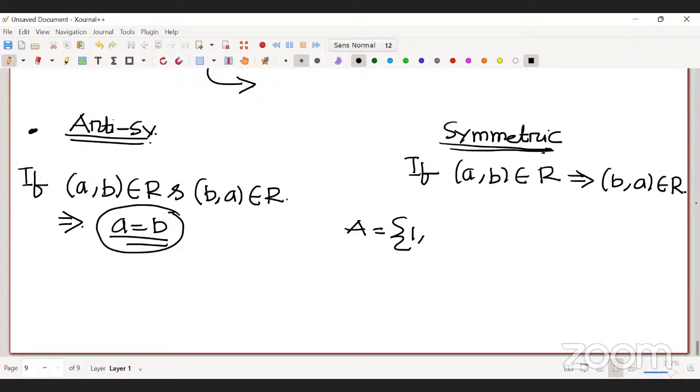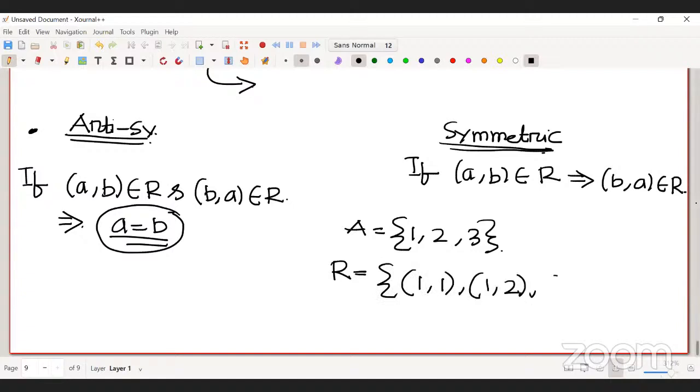Okay. For example, suppose this is your set {1, 2, 3}. Suppose you take a relation (1, 1), (1, 2), (2, 1).